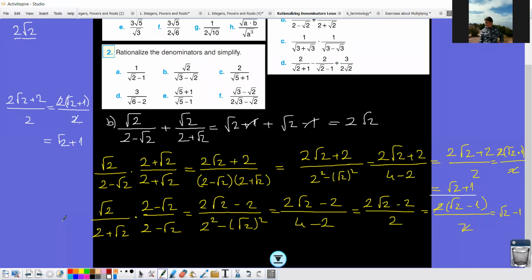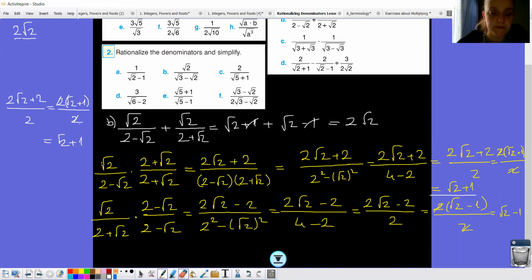Okay, I get it, teacher, but why plus 1? Because you have here plus 2 and I'm taking that 2, 1 is left. When you have this one more time, I will write.